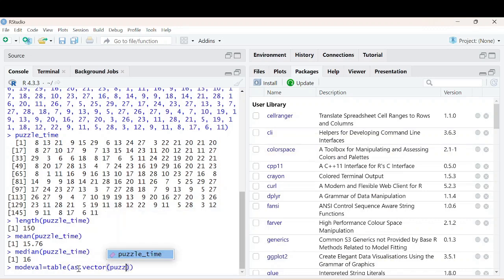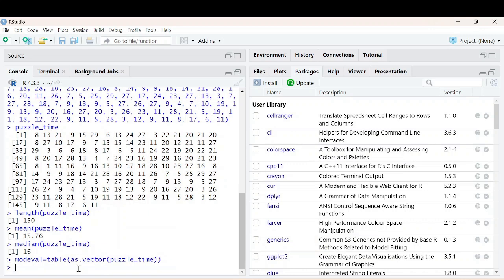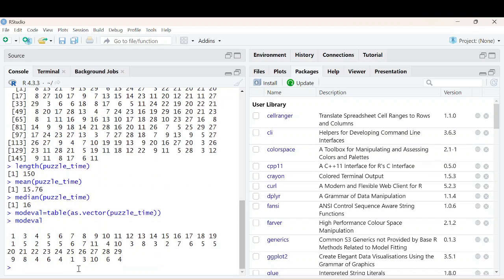puzzle time. So now you call that by the left hand side. You see, now what has happened here is the 150 raw data puzzle times are displayed in the form of discrete data. If you see the first row, what is the first row? It is the puzzle time taken by patients. The first row is puzzle time, the second row is the number of patients.